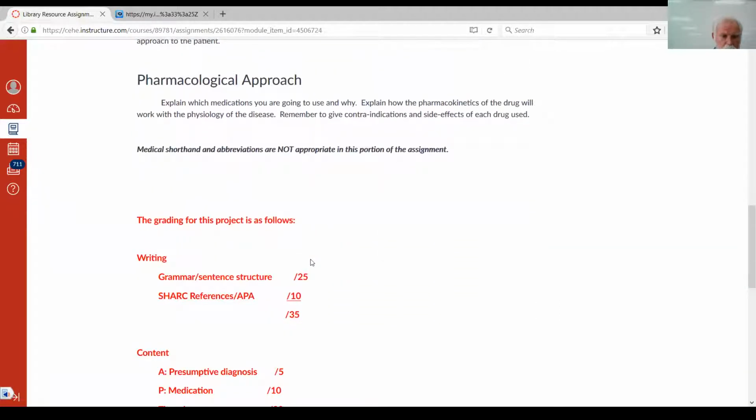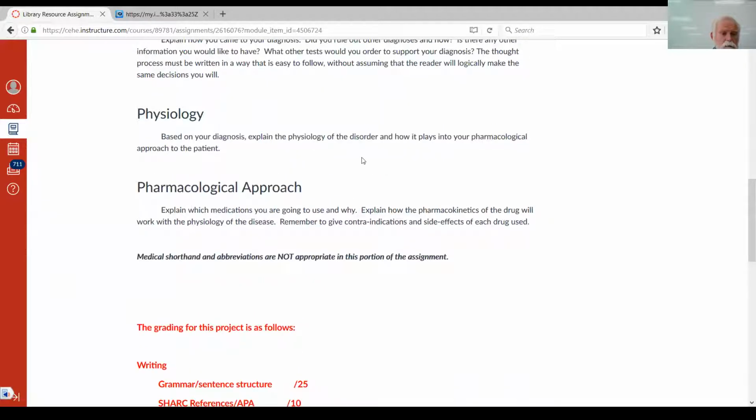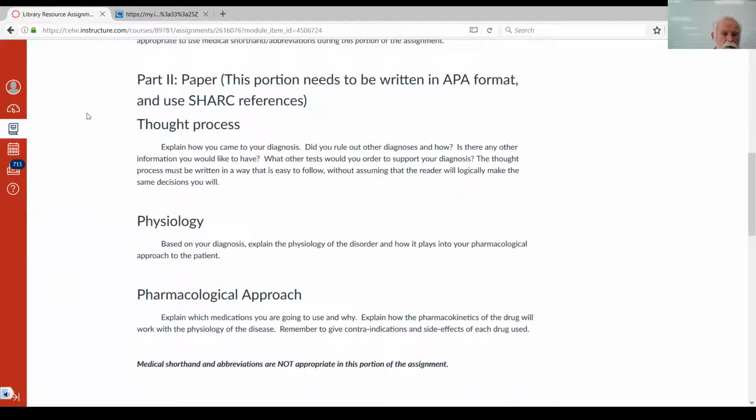Okay. So one of the things that's written down here is that medical shorthand and abbreviations are not appropriate in the final portion. The pharmacological approach in any form of physiology and your thought process that goes into this.